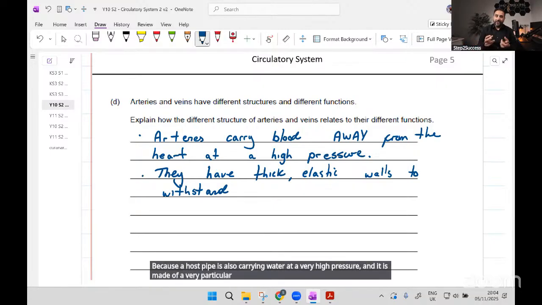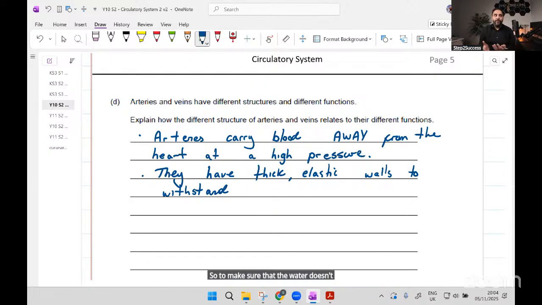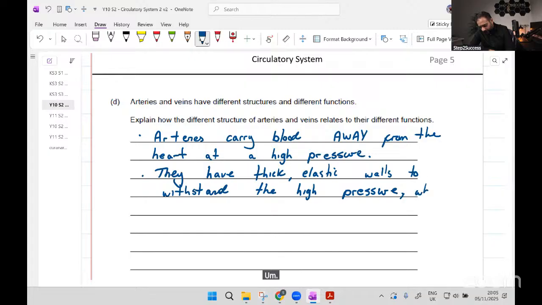It's like rubber, it's thick, it's stretchy, so to make sure that the water doesn't sort of break out of it. And so arteries have to do the same thing. They have to withstand that high pressure. And so having the thick elastic walls allows them to do that, which can stretch and be protected.